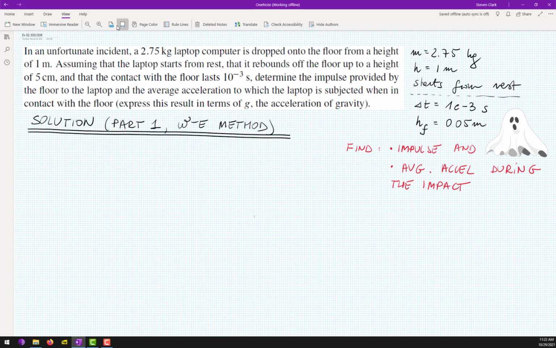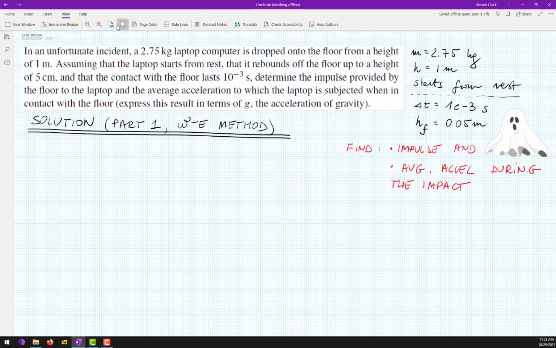We have a laptop that was dropped on the floor, and we're going to model that laptop as a particle. So that particle was dropped, it rebounded, and they ask us to figure stuff out. This is basically the problem statement. The problem consists of 3 parts. In part 1 we will just figure out the velocity that our laptop will have when it hits the ground.